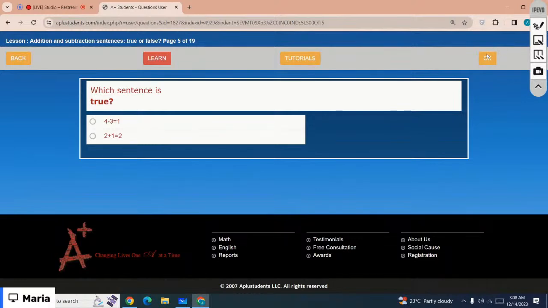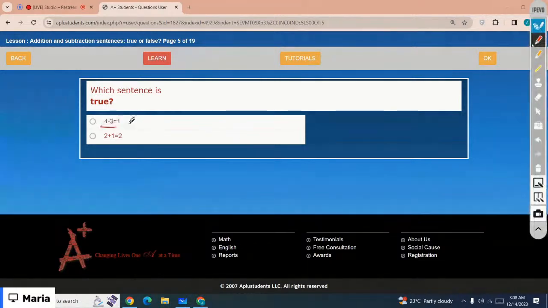The correct option is option 1. 4 minus 3 equals 1. Both sides are exactly equal. 4 minus 3 is 1, and 1 equals 1. Basically, you need to keep the equations balanced. On both sides, you have the same answer. So 4 take away 3 equals 1 is the correct option.